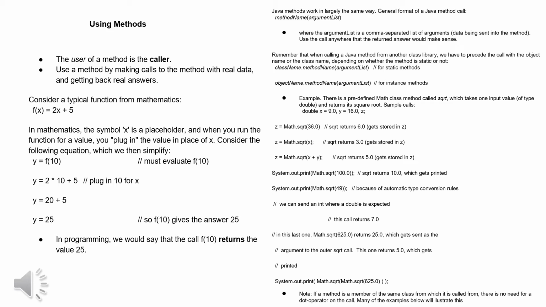As an example, Math is a class name, and we are going to use a method in this class which is sqrt. So sqrt is a method that receives an input and will return the square root of that number. For example, if it receives 36, as a result it will return 6.